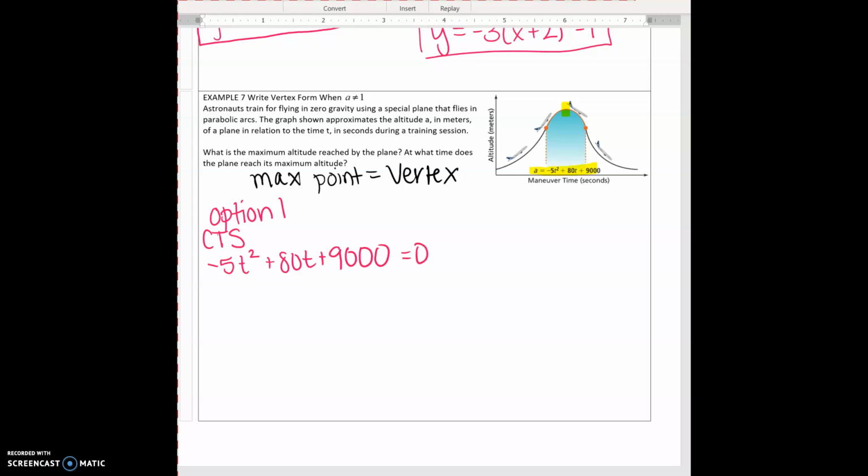And what we were doing up top is we were moving this over, so we're going to do that. And now we have negative 5t squared plus 80t equals negative 9,000.